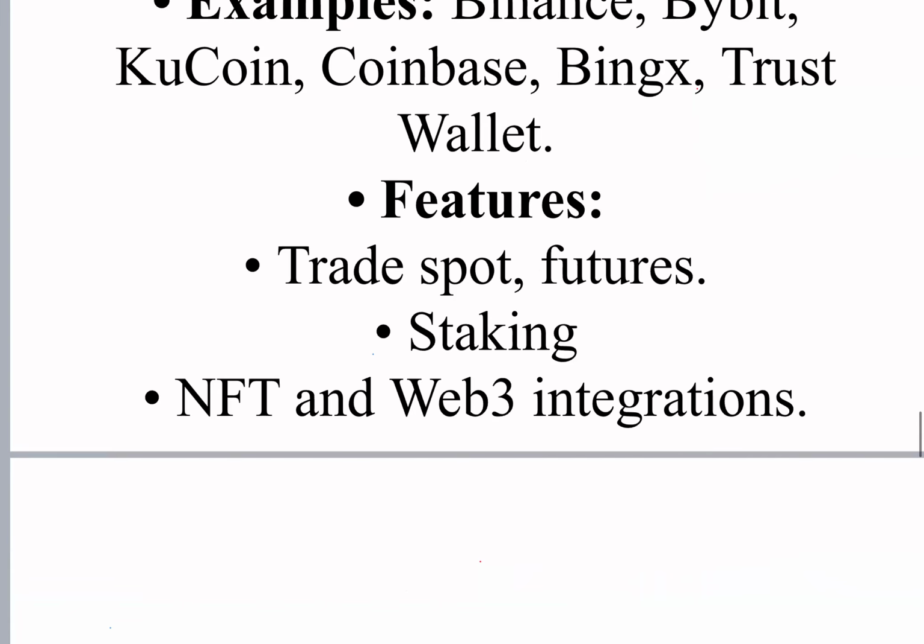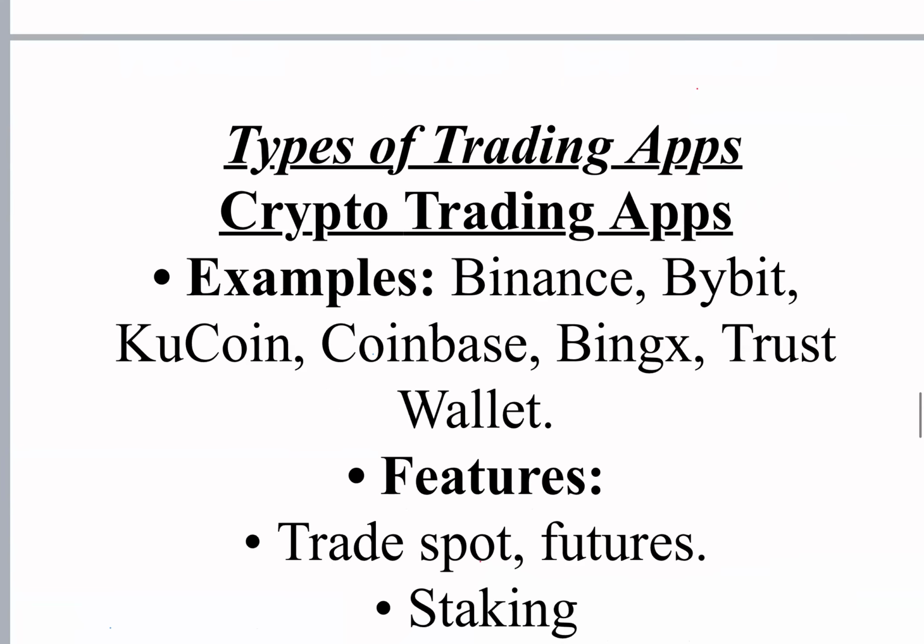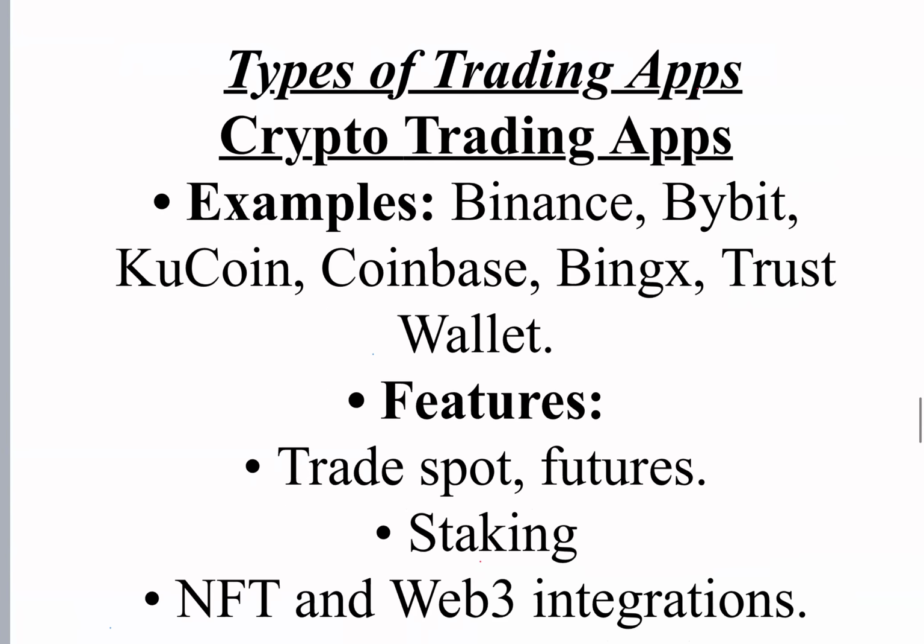Okay. So now, if you want to type your trading app for crypto, I believe you have your notes so that you'll be taking note of what to go and download. For crypto, you are going to download either Binance or Bybit or KuCoin or Coinbase or BingX.